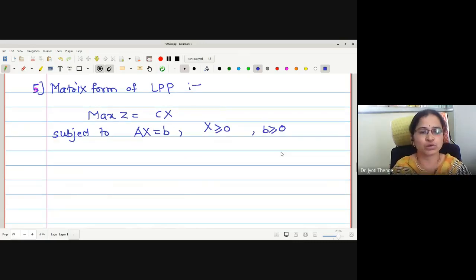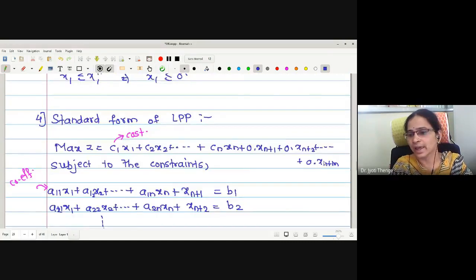Now let me write all those matrices. What is the matrix C? Matrix C is a row matrix. C1, C2, up to Cn, and I have to continue up to Cn plus m, because in all we have n plus m variables in the standard form.